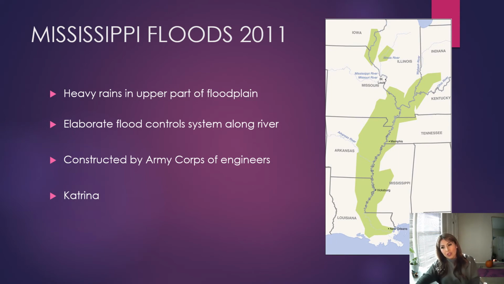But during Katrina, again, this is just kind of a repeat of what I was talking about, those levees did breach, and so all the green would be floodplain area or places prone to flooding.